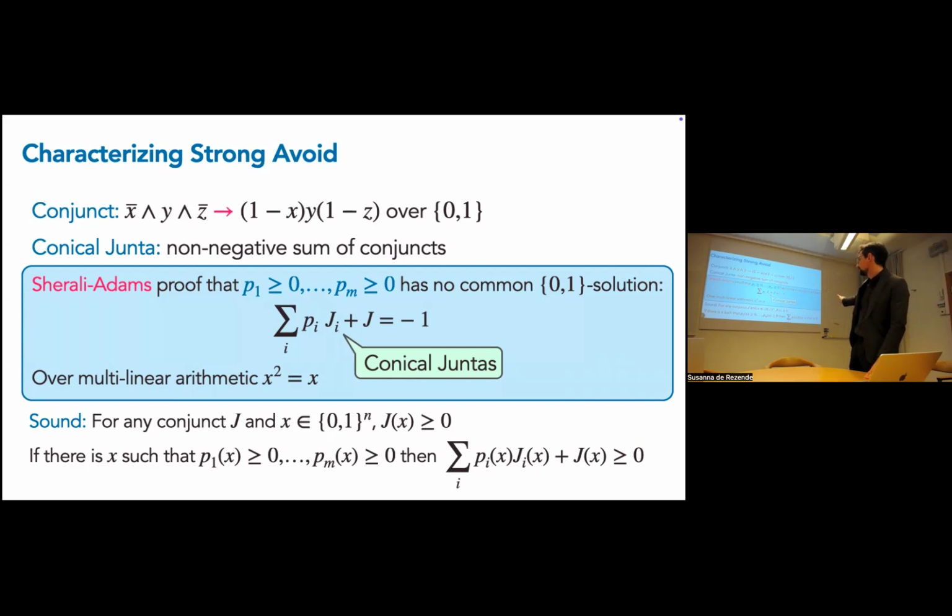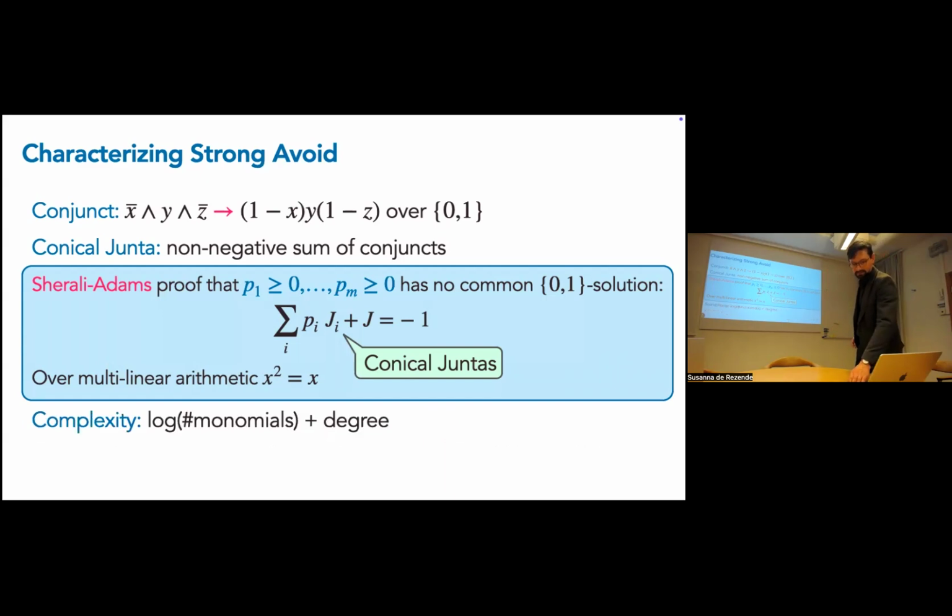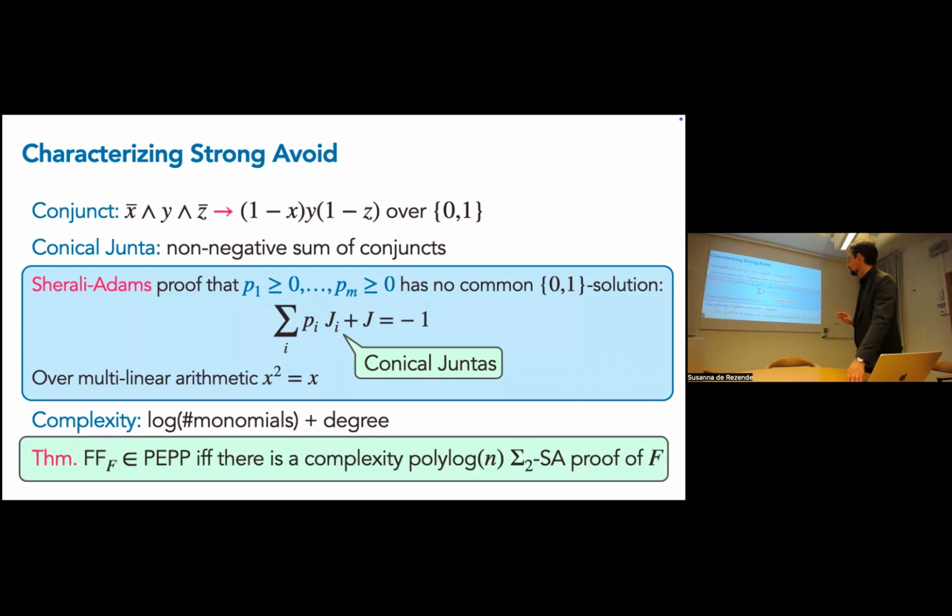Because conical juntas are non-negative, and these polynomials are non-negative, you get a non-negative value. So you can only derive -1 if the polynomials you began with had no common solution. The complexity is logarithmic in the number of monomials plus the degree.